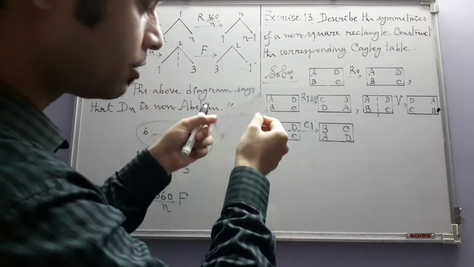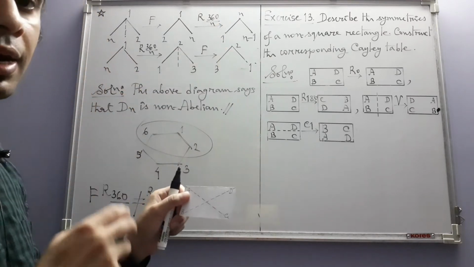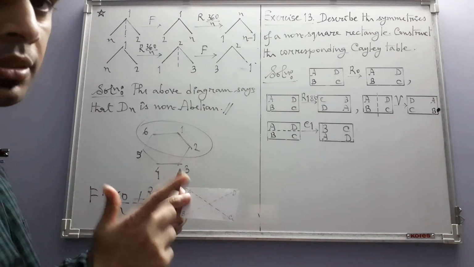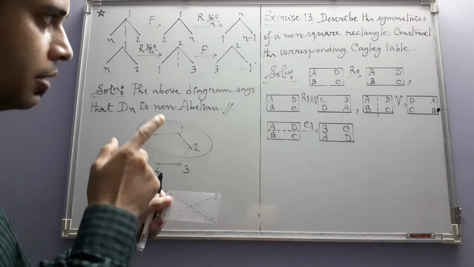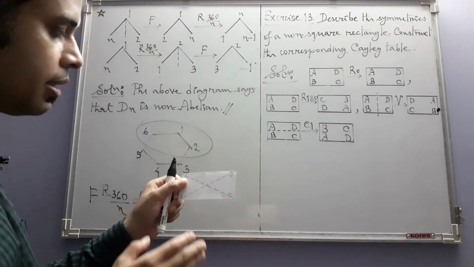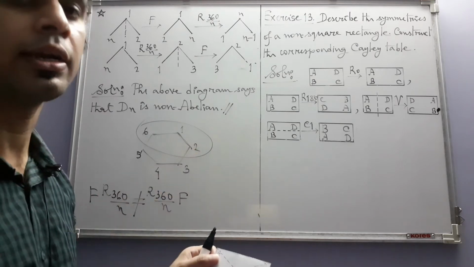You can do it yourself and convince yourself that these diagonals are actually not axes of symmetry. They were axes of symmetry in the case of a square, but for a non-square rectangle, unlike the perpendicular bisectors, these are not axes of symmetry.